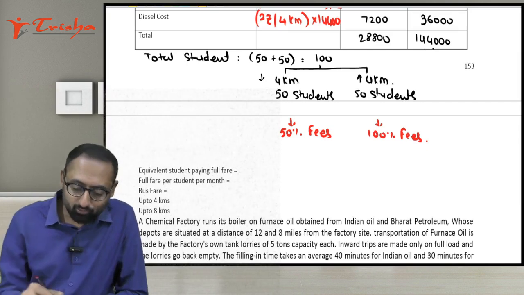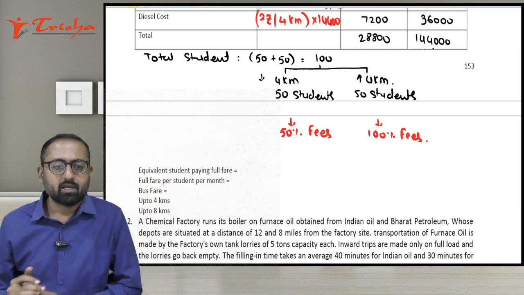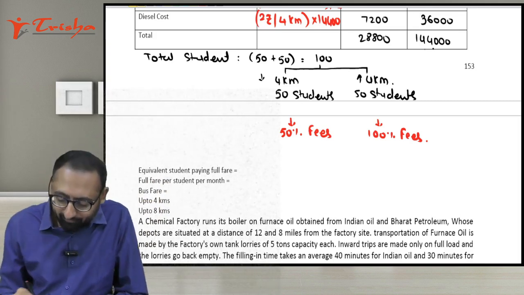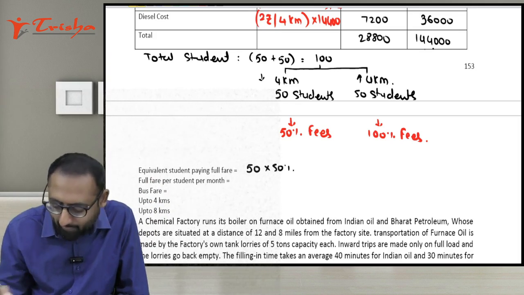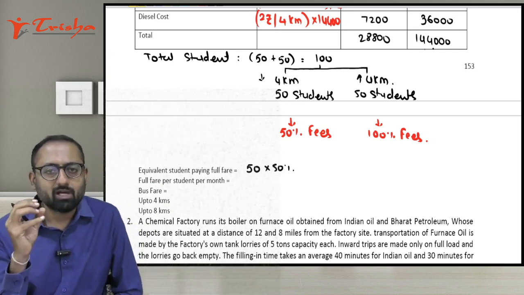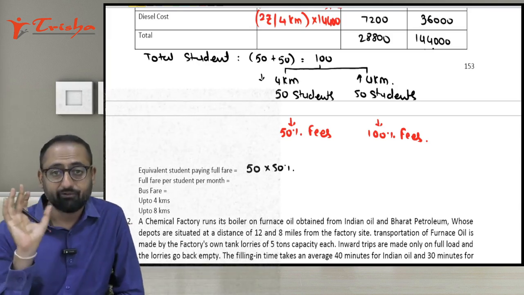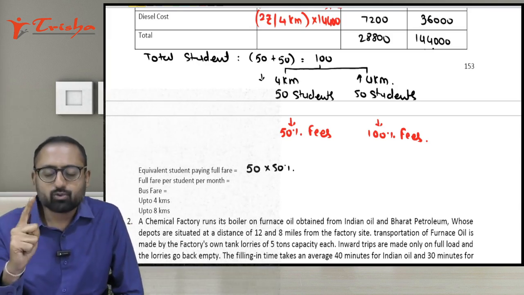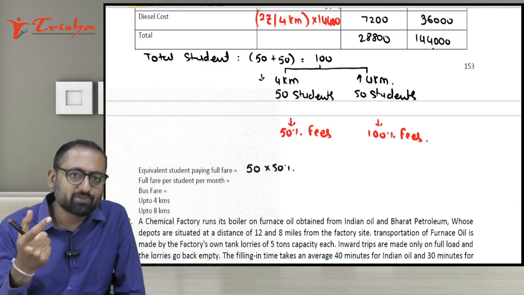Now I'll calculate how many equivalent students are paying full fees. So first, 50 students will pay 50% fare. So 50 students paying 50% of the fare is equivalent to 25 students paying full fare.